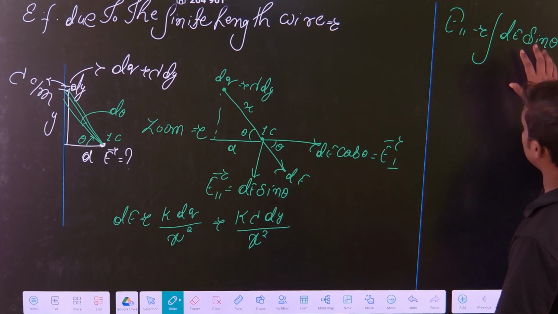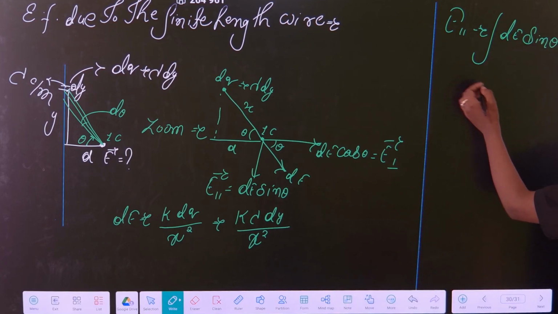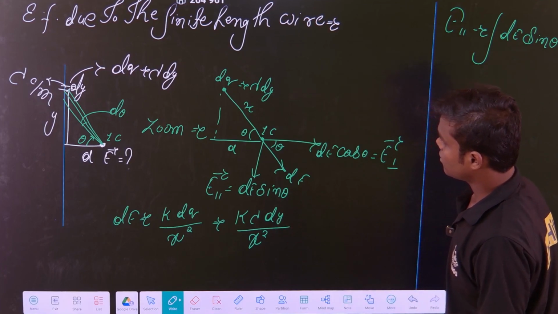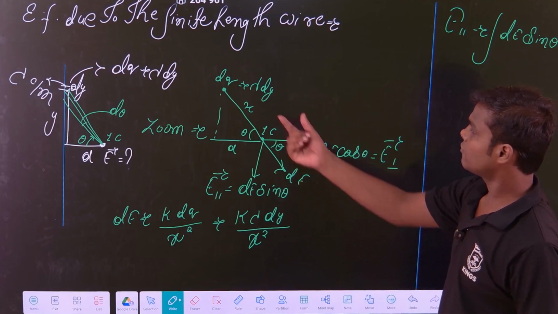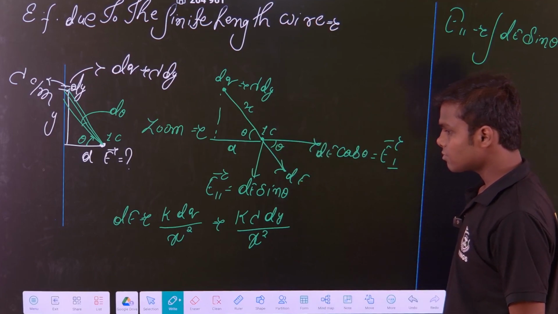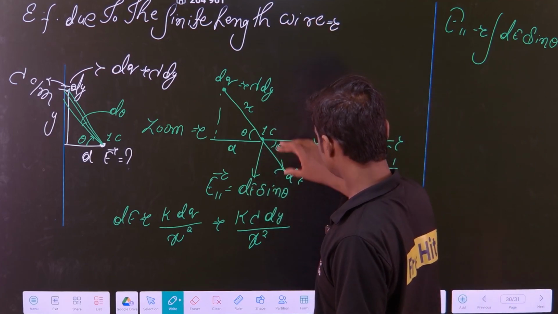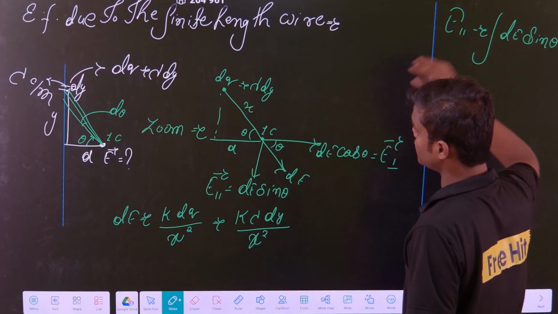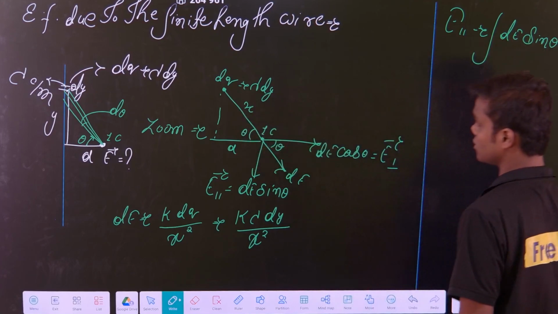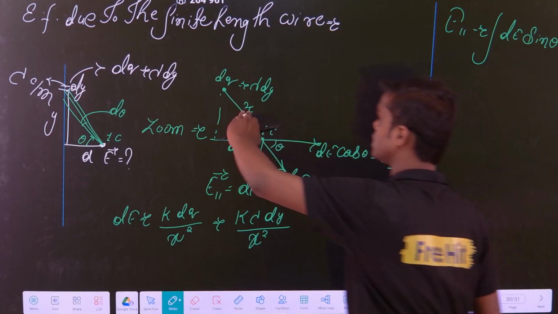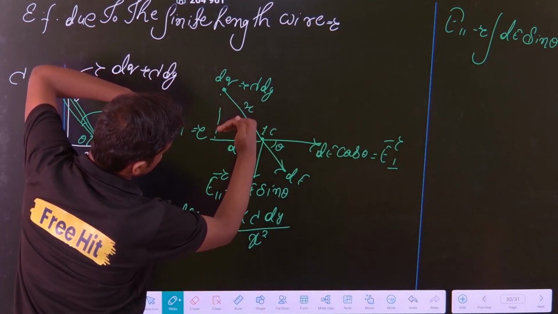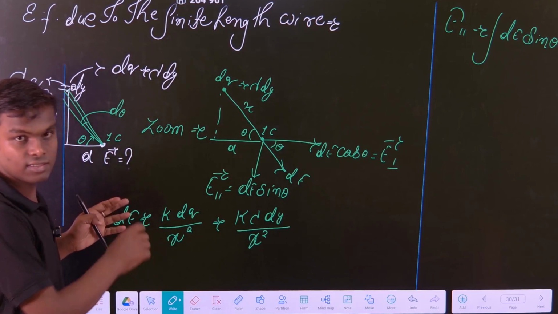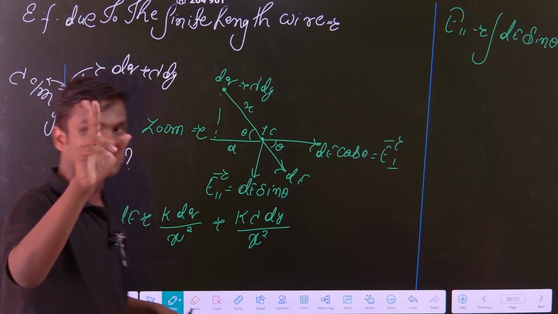Now see, if I put dE, it is in terms of y, correct? And theta is also there. So theta is also a variable, because if you take the element here, the theta will be less, and if you take the element here, the theta will be different. So theta is also varying, as well as the length y. So there are two variables here.